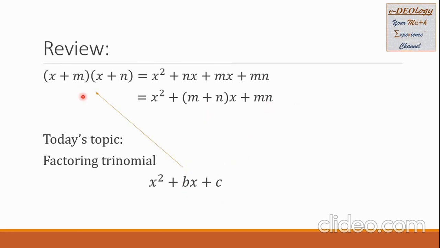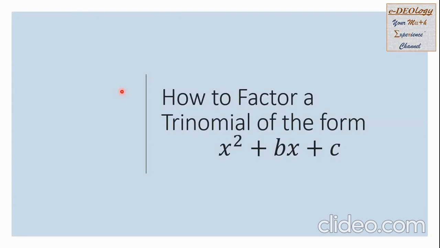And then later, what we want to get are factors of this form, x plus m times x plus n. Now, we will learn how to factor a trinomial of the form x squared plus bx plus c.